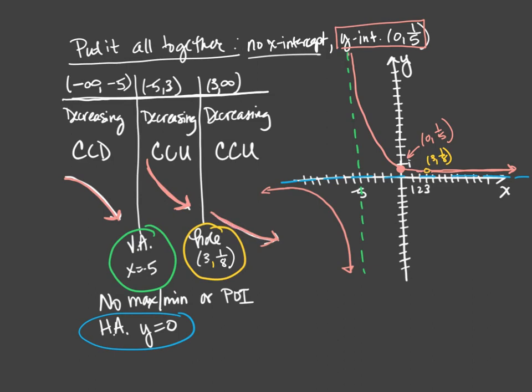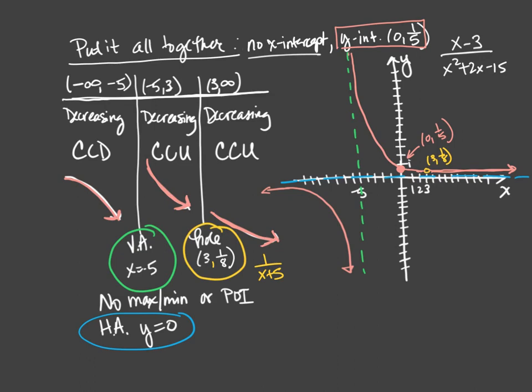You might say, well, how did I find out that the value was 1/8? Well, it's actually a lot easier than you think. Remember, our simplified version is 1 over x plus 5, and we said this looks exactly the same. Our original function, let's remind ourselves what our original function is, x minus 3 over x squared plus 2x minus 15. So that's what this is the graph of, and we said it looks exactly the same except for the hole at 3.